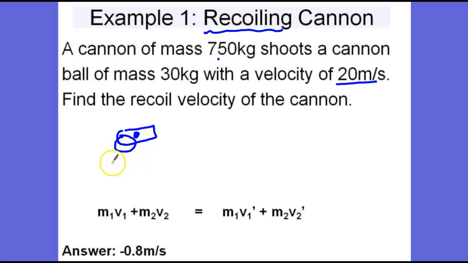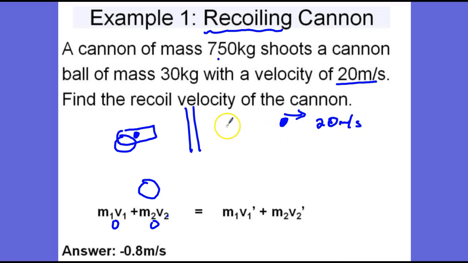And so I have the mass of the cannon times the velocity of the cannon plus the mass of the ball times the velocity of the ball. Well, they're both 0. So I get a big fat 0 on this side because it's not moving. And then the ball is moving with 20 meters per second of velocity, and the cannon is going to be moving in the other direction with some unknown velocity v.